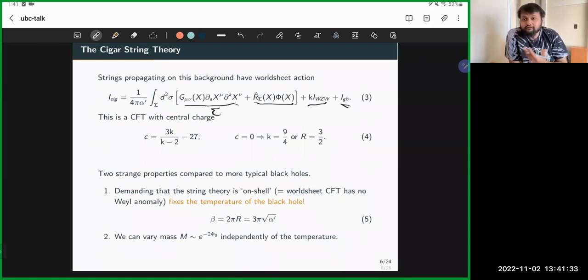So this is what rules the dynamics of strings on this background, and it's a Wess-Zumino-Witten theory, so it has a particular central charge. But the important thing is that a string theory worldsheet CFT needs to have zero central charge. To have zero central charge, this equals 0 becomes an equation for k, where k is the square of the radius.